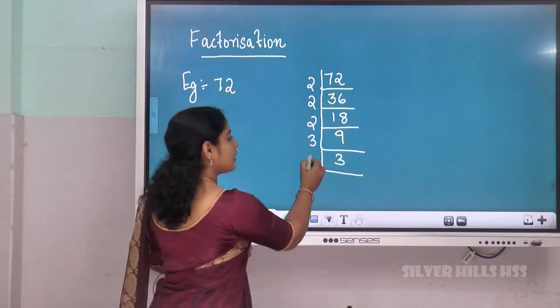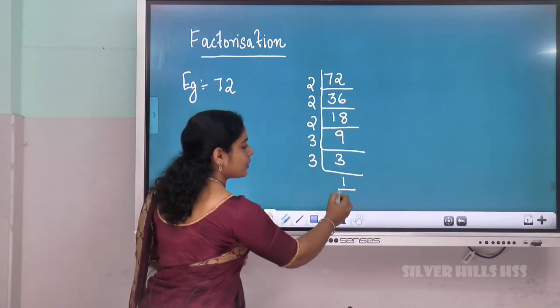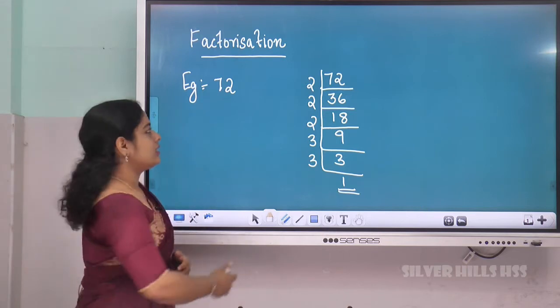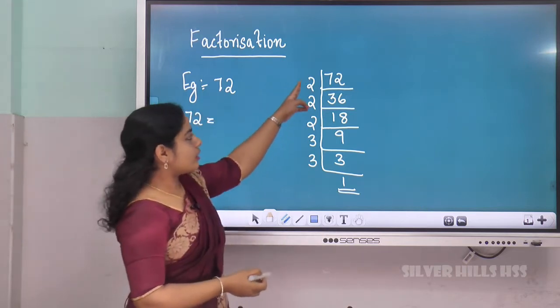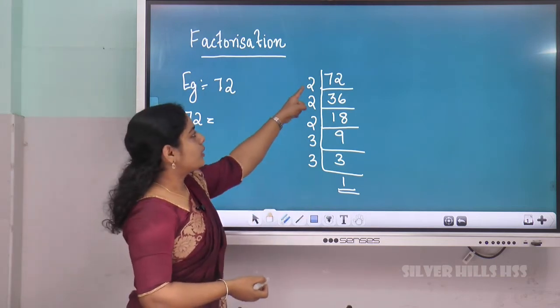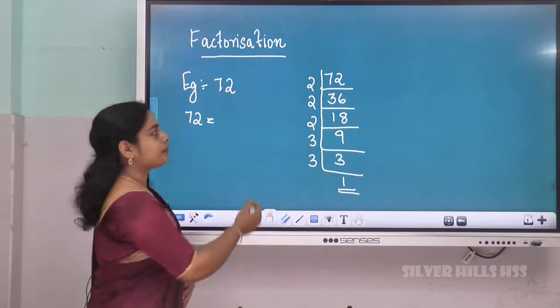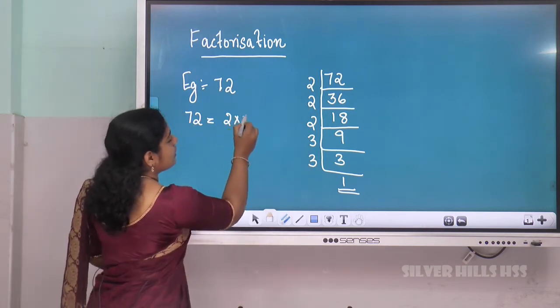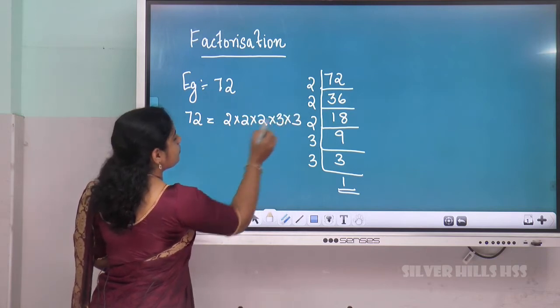So we will divide 3 by 3 itself and we will get 1. Okay, that means 72 can be written as a product of all these numbers, which is written on the left side, that is 2 into 2 into 2 into 3 into 3.